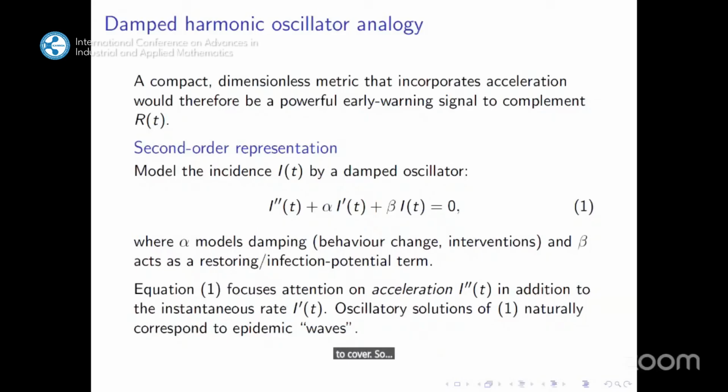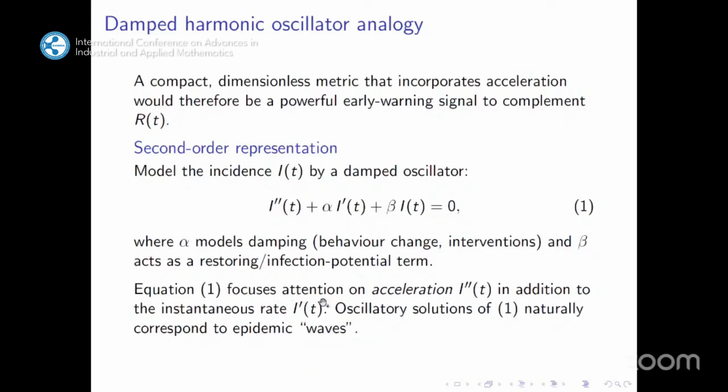So the model of incidence I(t) by damped oscillation is given as that. I've already explained the parameters alpha and beta. So equation 1 becomes the following.